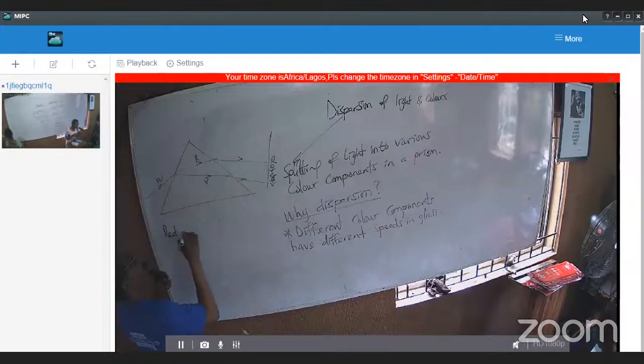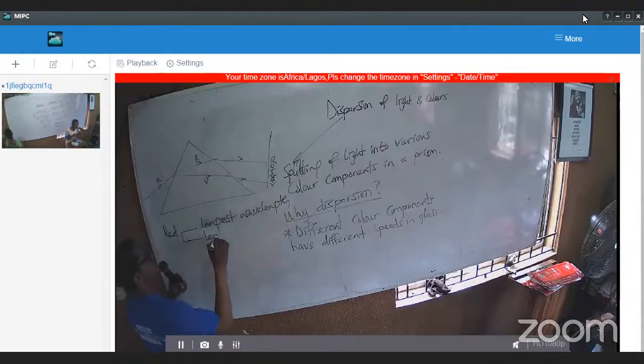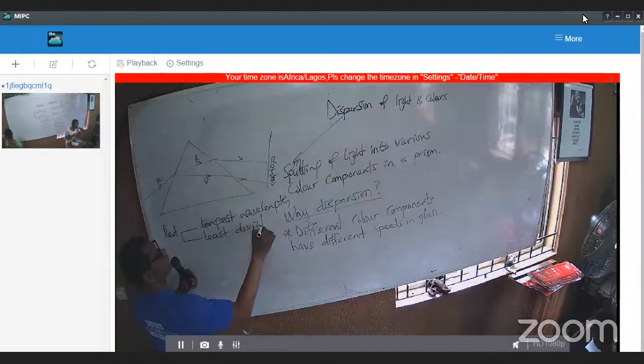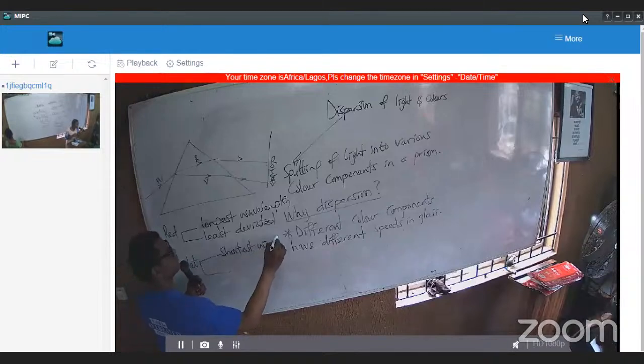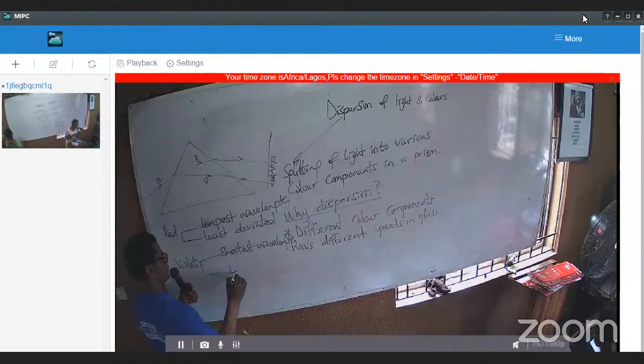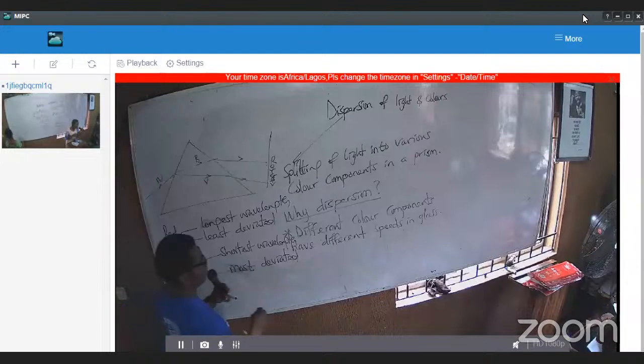Red light has the longest wavelength and it is the least deviated. Violet has the shortest wavelength and is the most deviated. Shortest wavelength, most deviated.